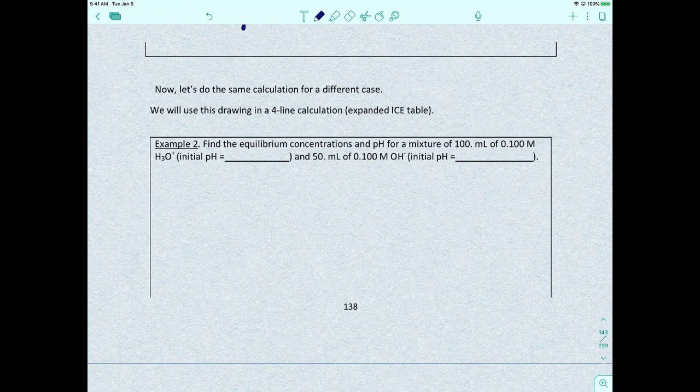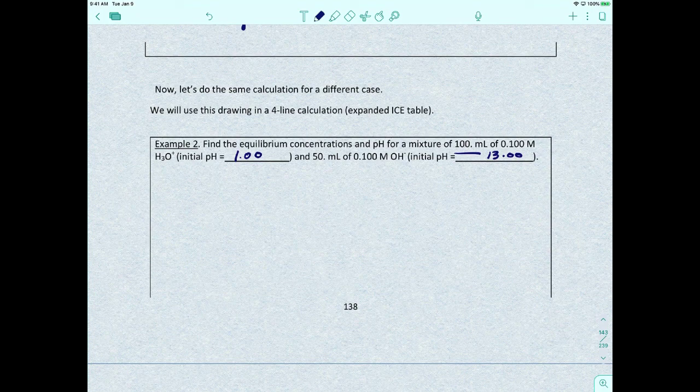Find the equilibrium concentrations and pH for a mixture of 100 milliliters of a 0.1 molar H3O plus solution, where the initial pH, if we calculate this, will be 1.0, and then 50 milliliters of a 0.100 molar hydroxide solution, the initial pH will be 13.